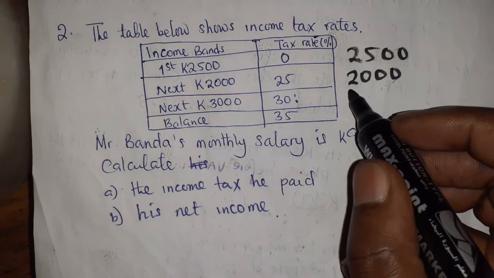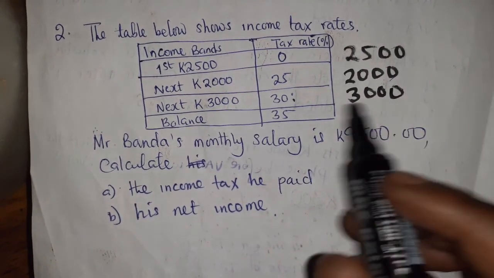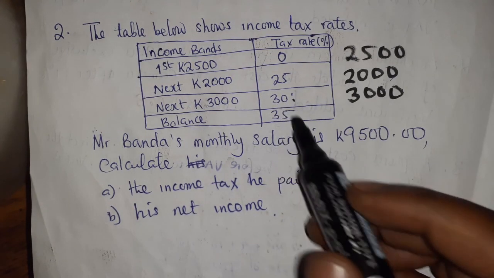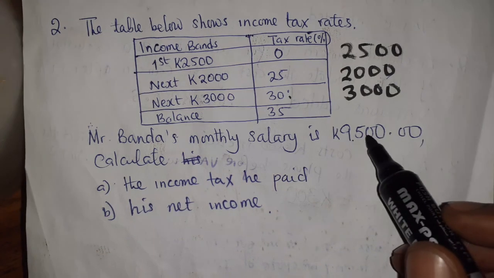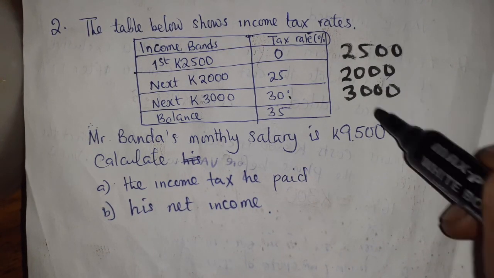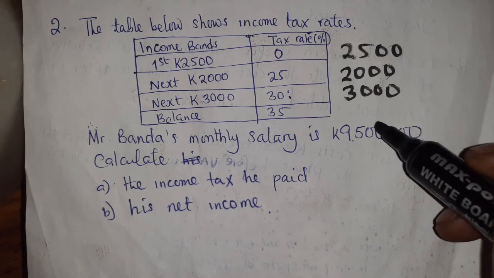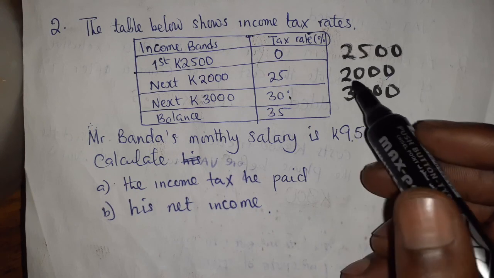Then the next amount is 3,000. Then what is going to be the balance now from this? We are looking at these amounts here. So now, what is going to be the balance? This is 5,000.